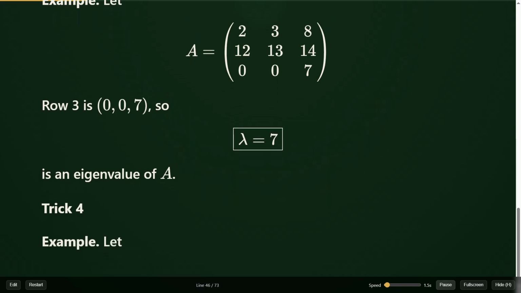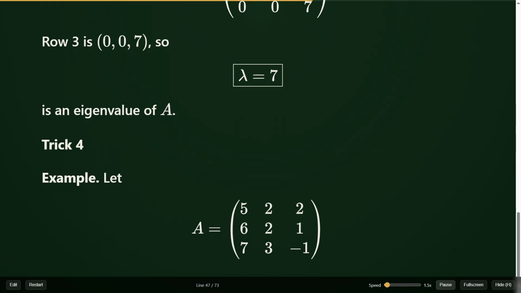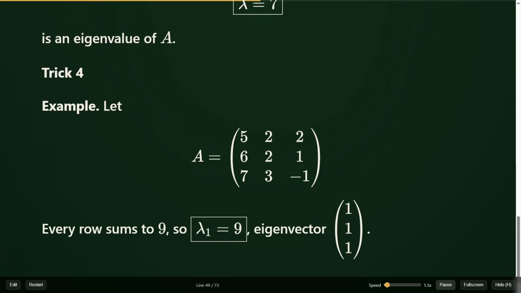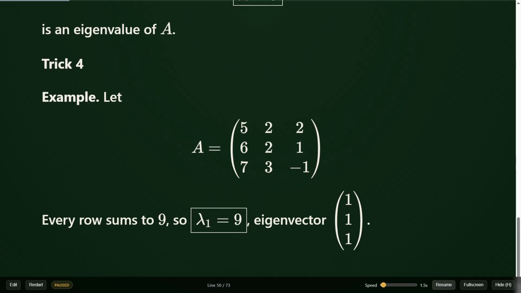Consider the matrix 5 2 2, 6 2 1, 7 3 minus 1. Now what is so special about this matrix? You will find that in this matrix, every row adds up to 9. So you can consider the first eigenvalue to be equal to 9. Why?